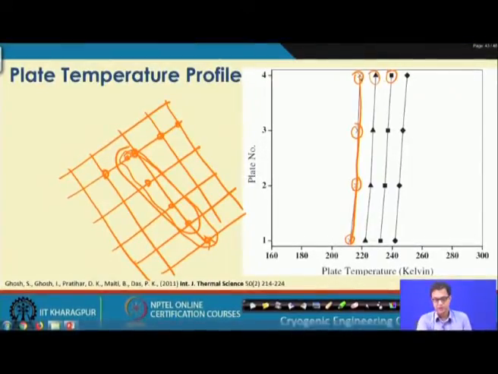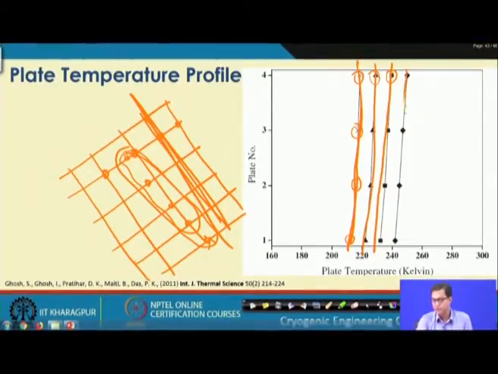So, at a particular location or cross section, we find that the temperature remains more or less similar. It is not changing much. That is how we said that this pattern is close to an optimum stacking pattern.